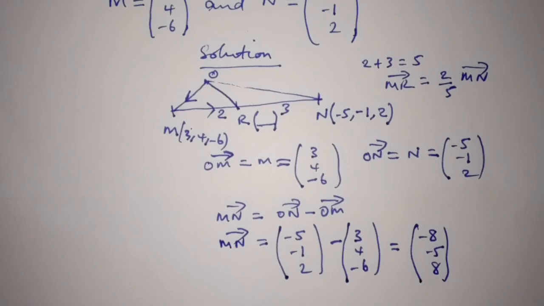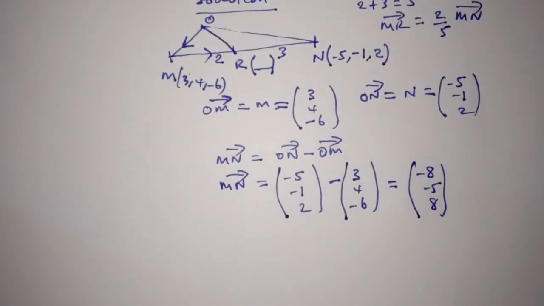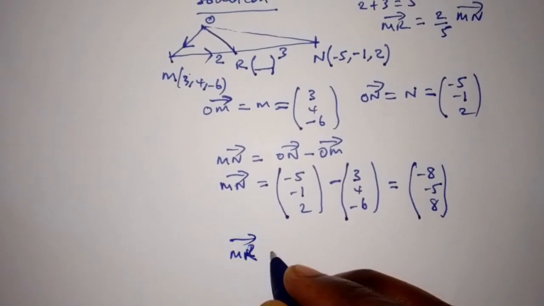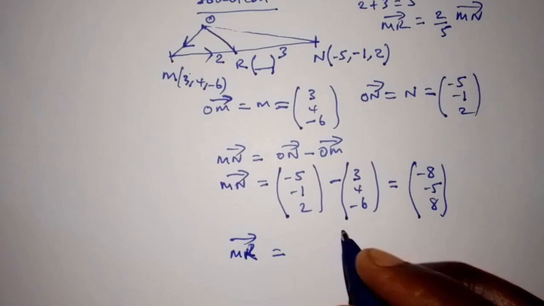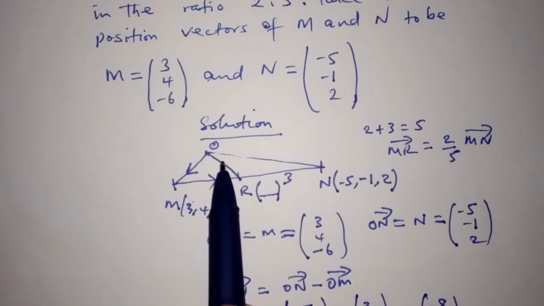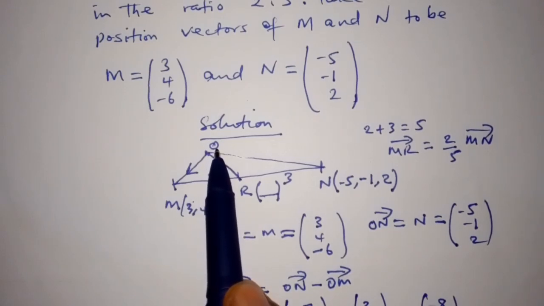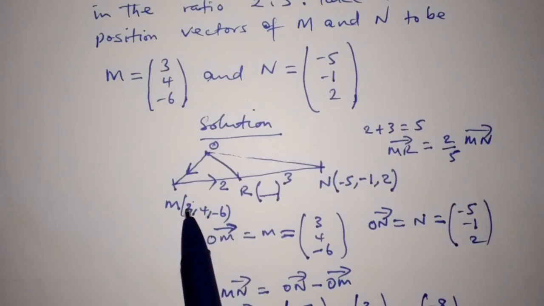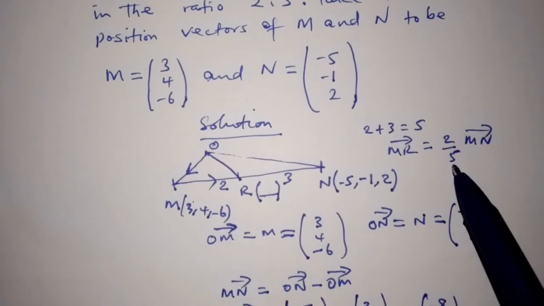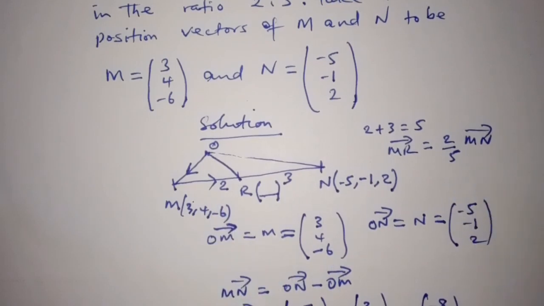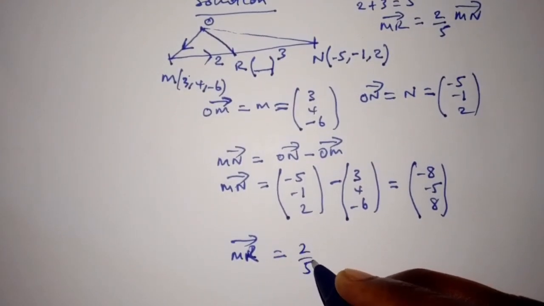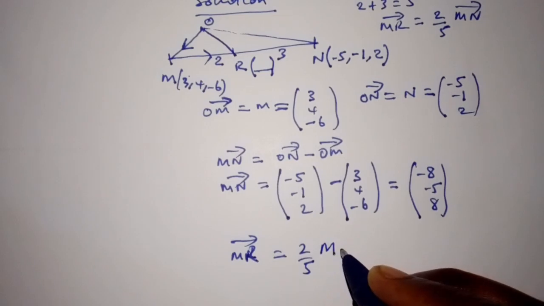How can we find vector MR? Vector MR here, this O is our origin, so we can say that vector MR is 2 over 5 of MN.